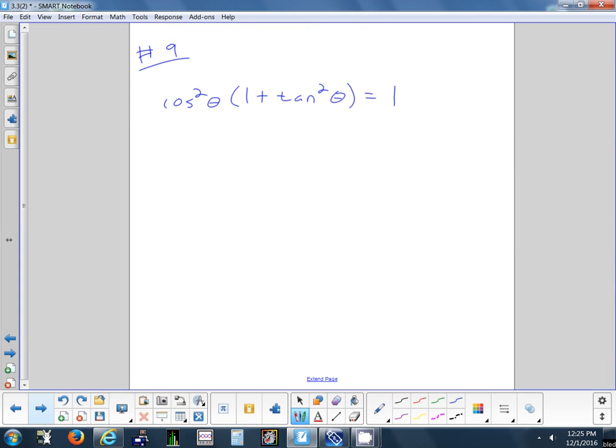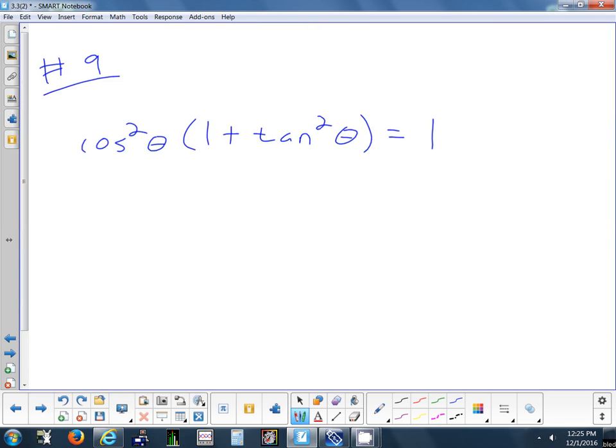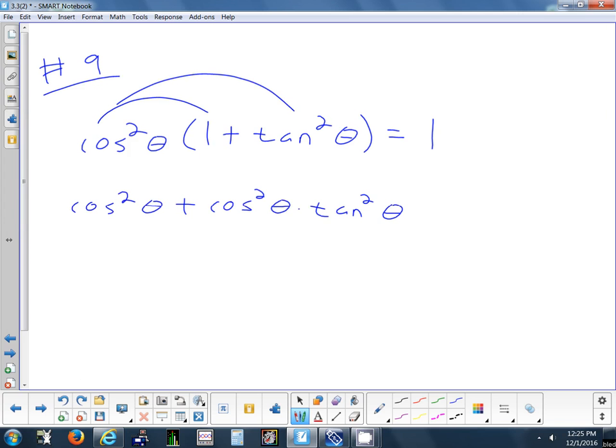Okay, number 9. Let's take a look. So on this one, I would distribute this out. So we have cosine squared times 1 is just cosine squared, plus cosine squared times tangent squared. Now change tangent squared to sines and cosines. Cosine squared plus cosine squared.